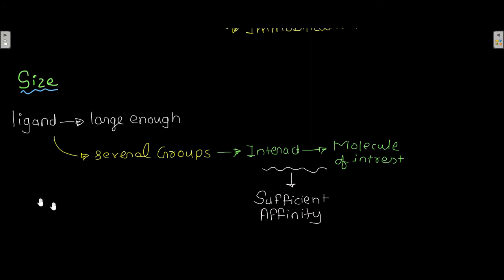So the ligand should be large enough to bear several groups on it, and those groups will be able to interact with the molecule of interest in a sufficient manner. That is the reason why the large size of the ligand results in sufficient affinity.